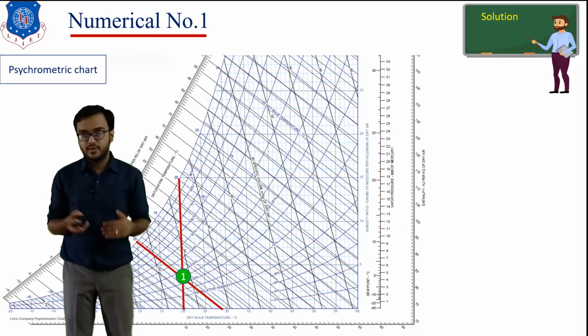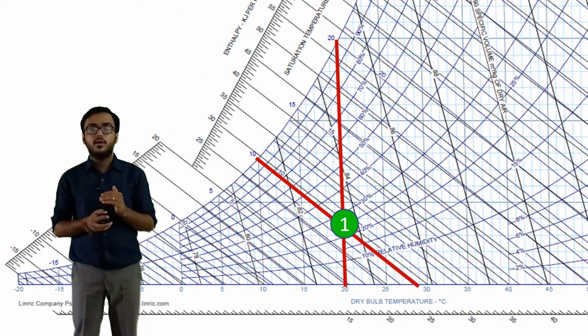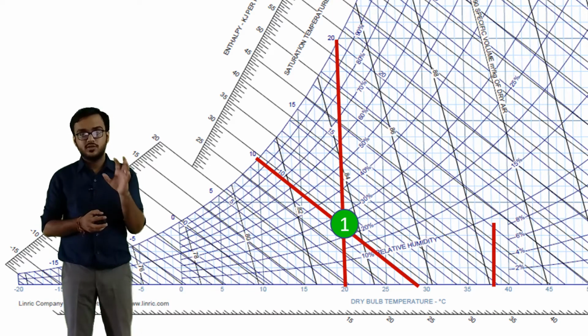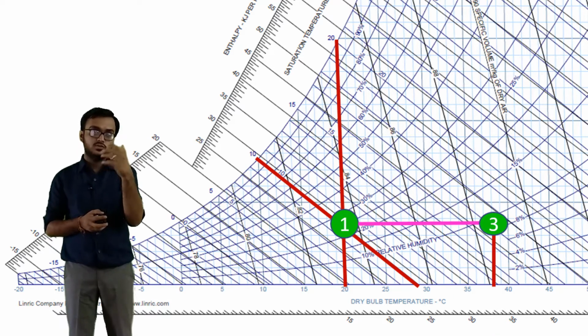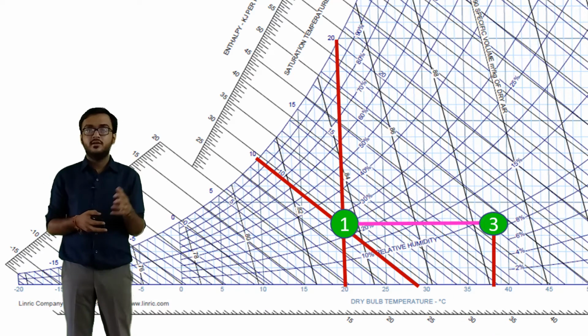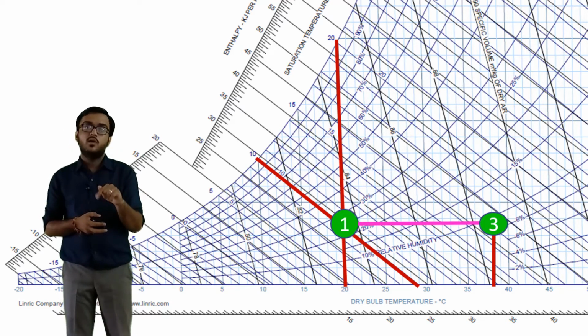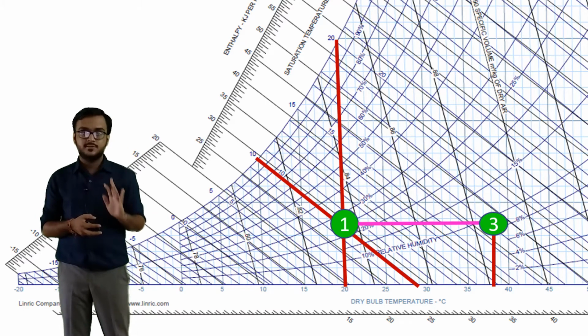First locate point 3 at 38 degree, because the heating coil surface temperature is 38. From 38 degree draw one vertical line and now connect 1, 2, 3 like this.